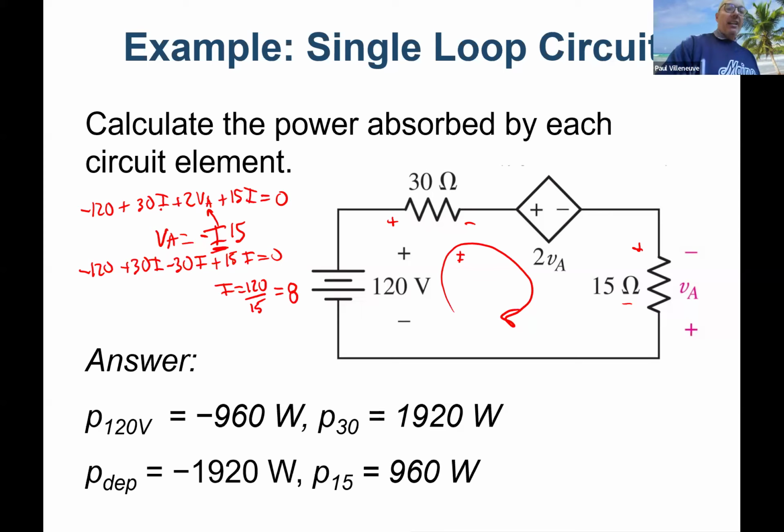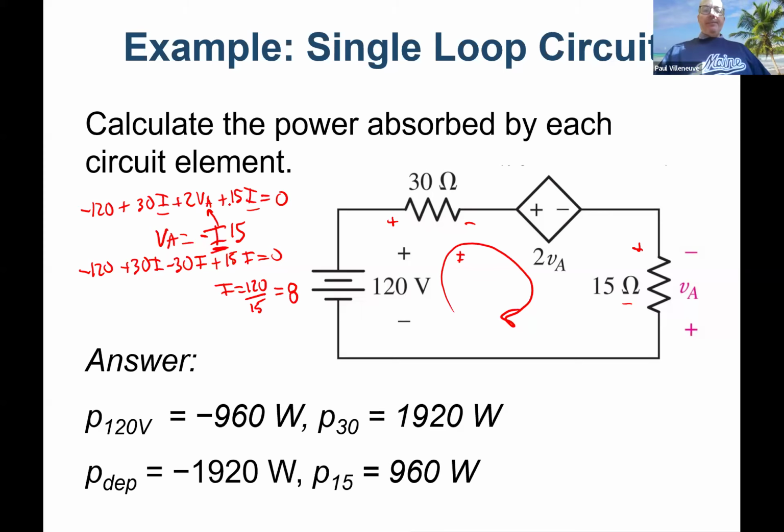Why did he say I? Because it's already in my equation as a variable that I need to solve for. So by adding in the variable I in my second equation, I'm not introducing a new variable. So I don't actually add an additional variable, I just add an additional equation. Okay, that's the most important thing about doing these problems with dependent sources.